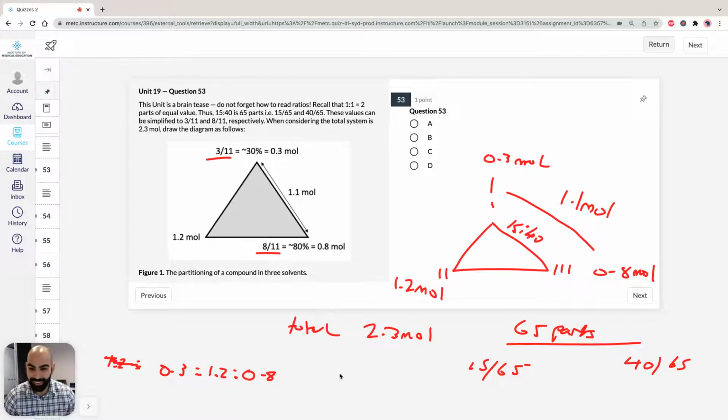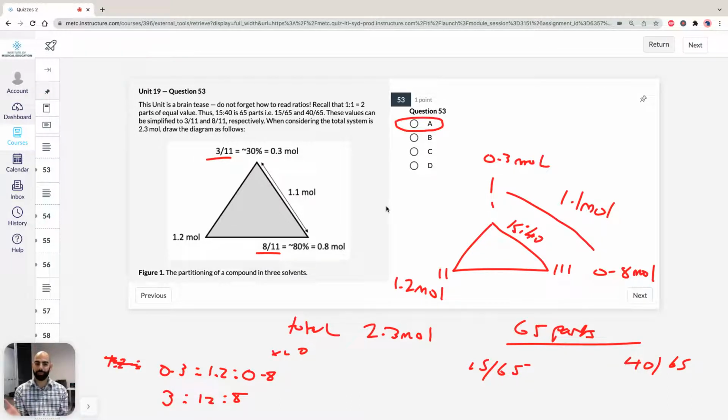And if we take a look at the options, the best fit is if we multiply everything by 10. So the ratio is the same as 3 to 12 to 8. Therefore, the answer for 53 has to be A.